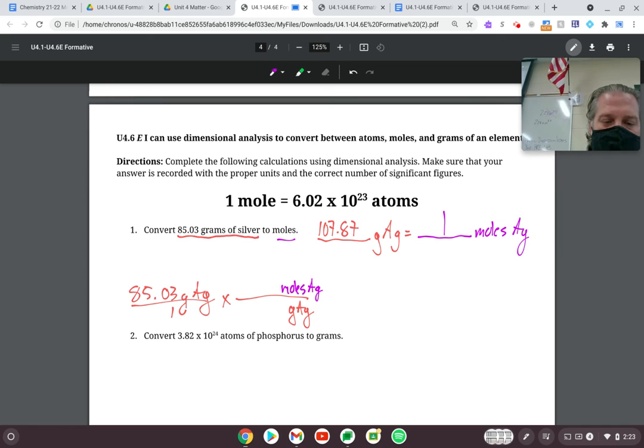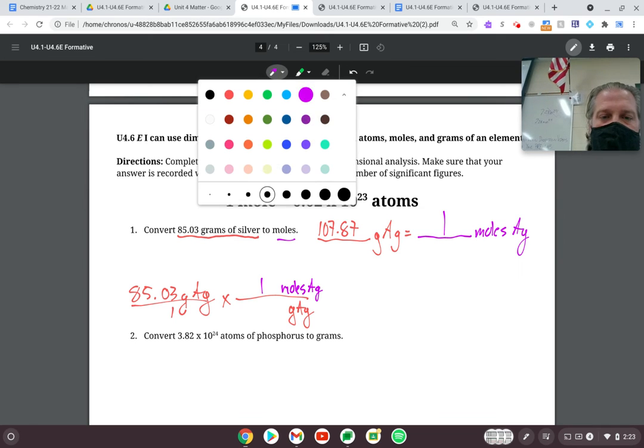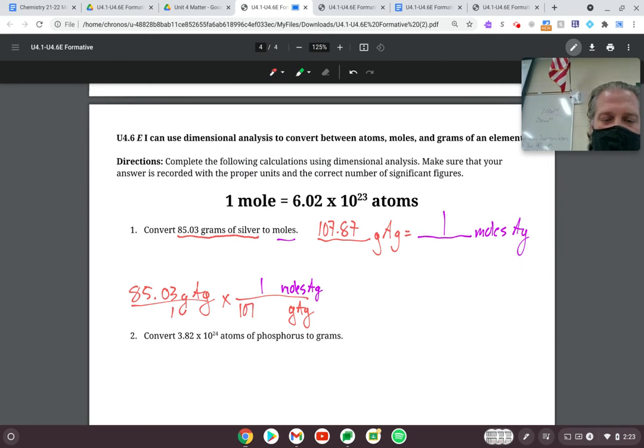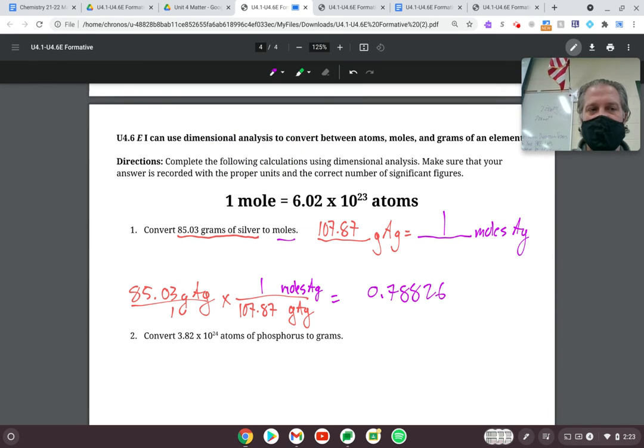I'm going to fill in my relationship values. So 1 mole is equal to 107.87 grams. I'm going to grab my handy dandy calculator, and I'm going to take 85.03 divided by 107.87. And the calculator gives me an answer something like 0.7882636507.